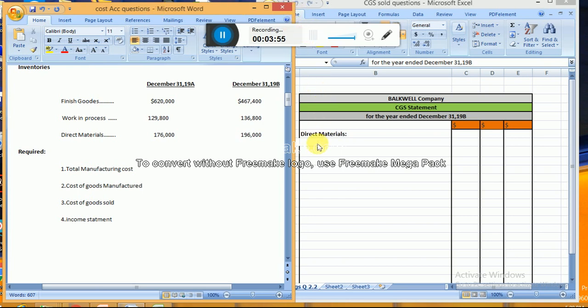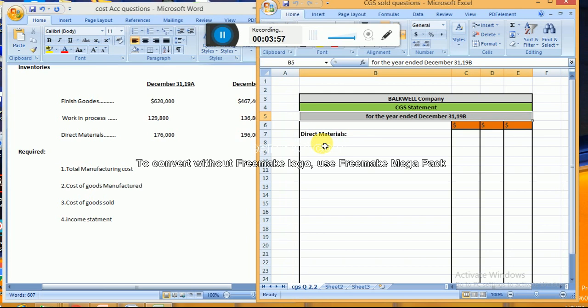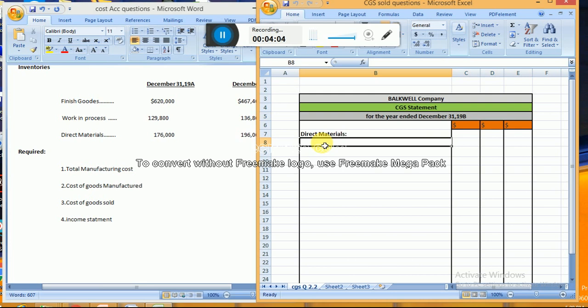So in the direct materials portion, we will check the materials from 1st January 19B till December 31st 19B. It means this is the total year statement.